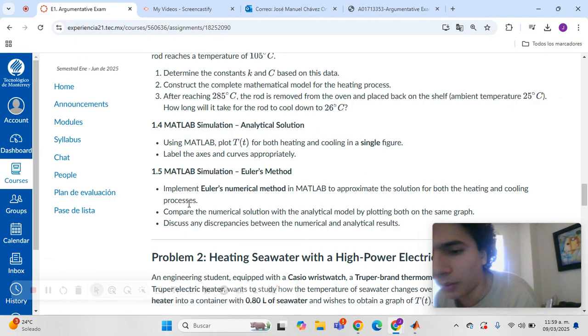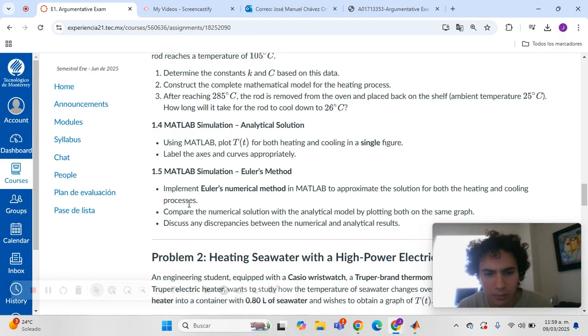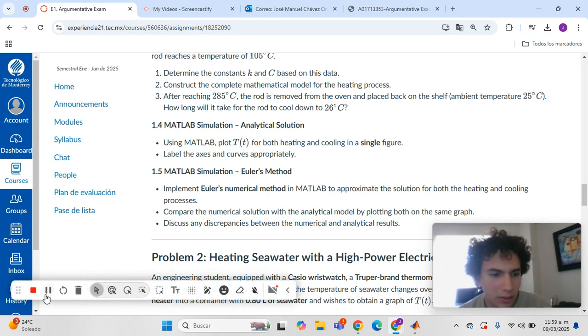It's just probable that we can find some minor discrepancies between the curves, and this is because of Euler's approximation, mainly with bigger steps.